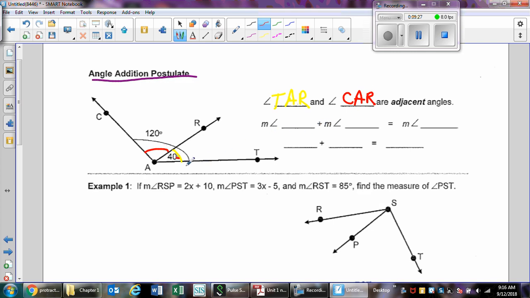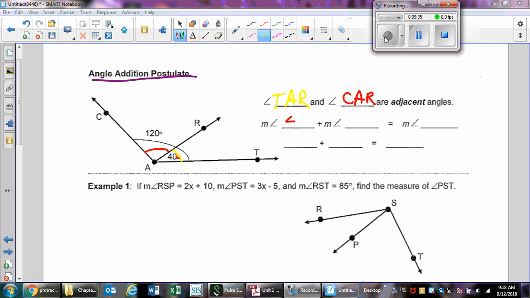So the measure of TAR is given to be 40 degrees, right? So let me use. All right, so the TAR, which is the yellow one, is 40 degrees, right? So I want it to be purple, no, yellow, sorry. So this is 40, right?